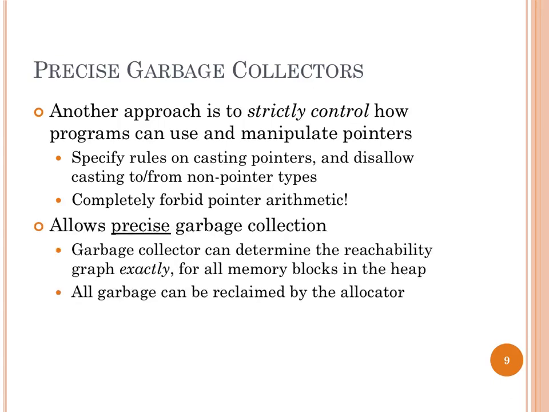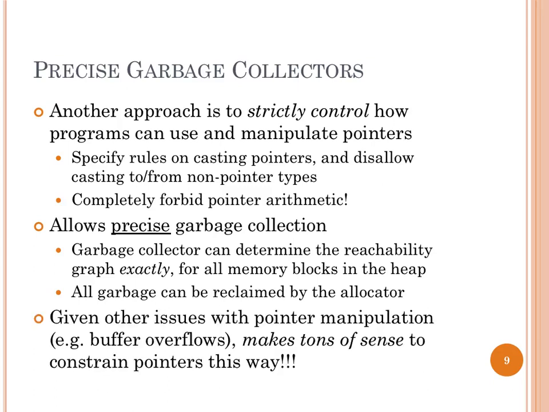And once we start doing this, then we can implement precise garbage collection, where we definitely identify all garbage every single time. This is what we would prefer, right? We'd love to be able to identify every piece of garbage so that we can reclaim everything. Then our program will have plenty of good memory to use for allocations. Okay, so this makes a lot of sense, and this is the approach that's chosen by a lot of different languages.